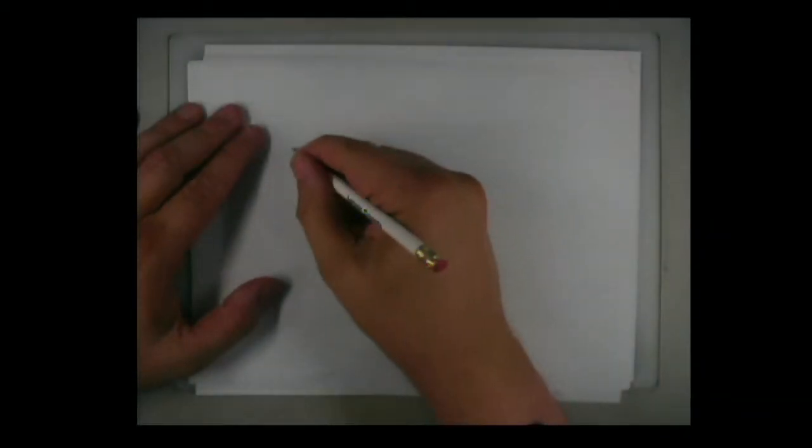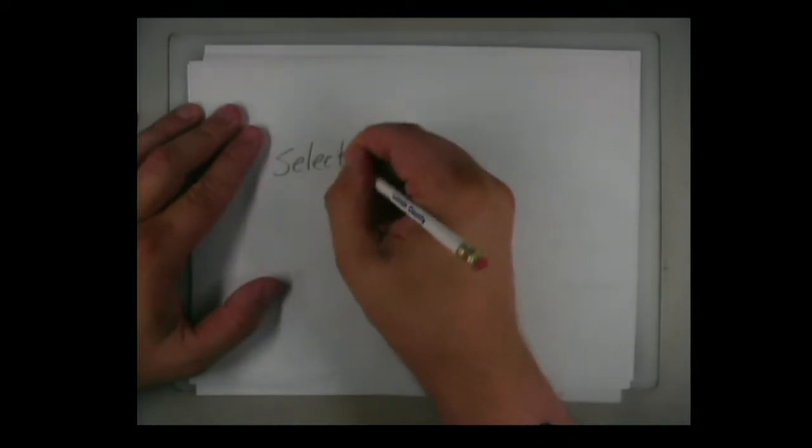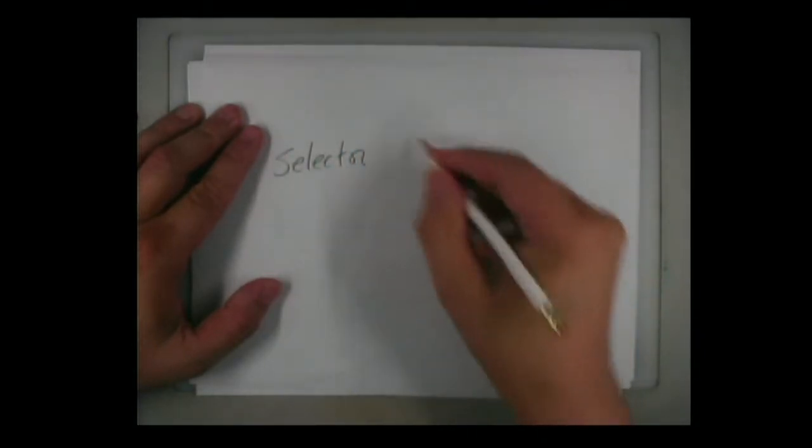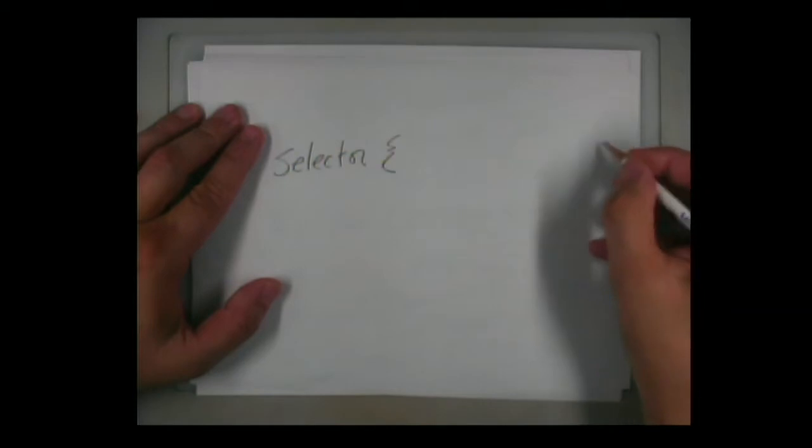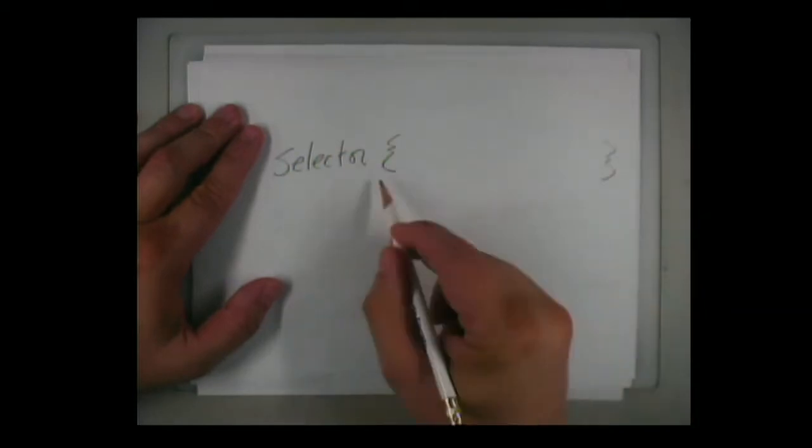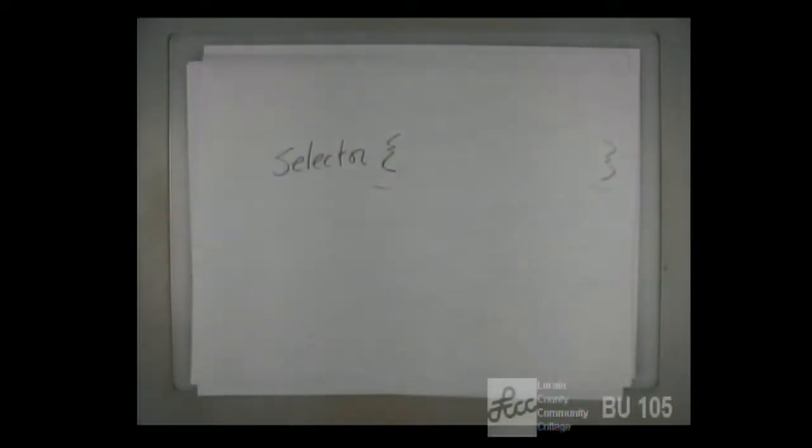We have something that's called a selector. We have these, I think the right word is braces. Sometimes I'll call them curly brackets, but those things.